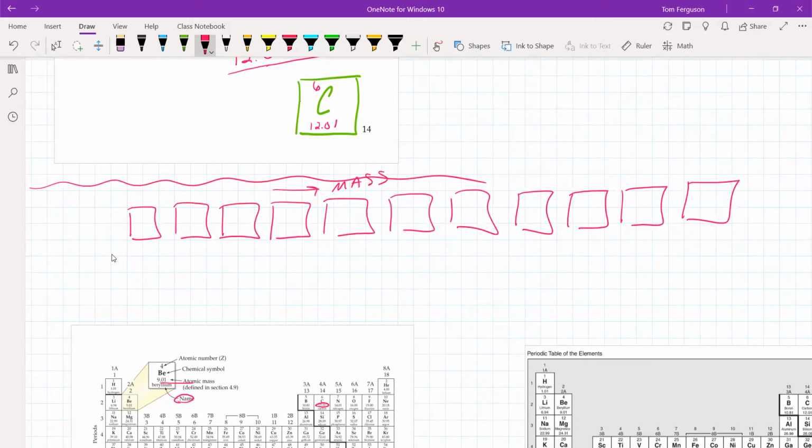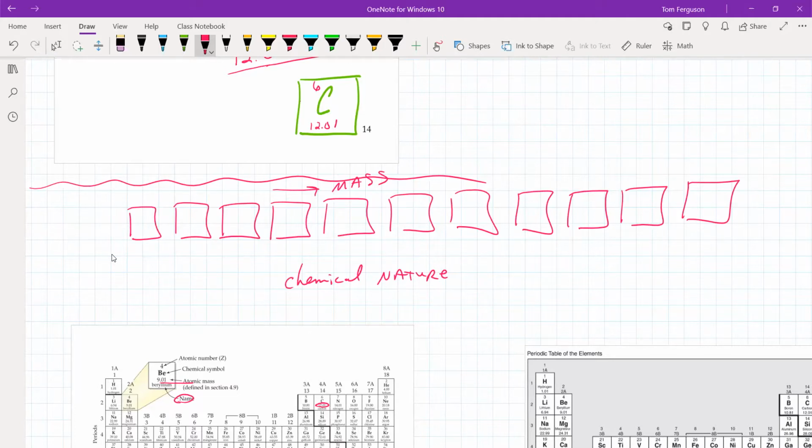And what they noticed was that every now and then, the chemical nature of the elements started to be similar.